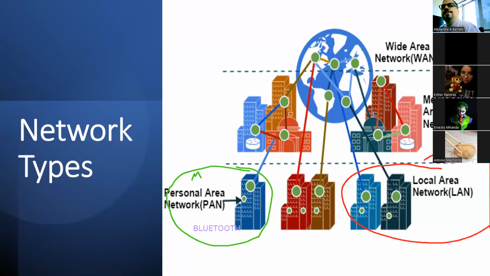For example, the wireless network that you have in your home, okay, the Wi-Fi, your home Wi-Fi, is a local area network. The network that connects the devices of one specific office is a local area network. The Wi-Fi that you have on the campus is a local area network.